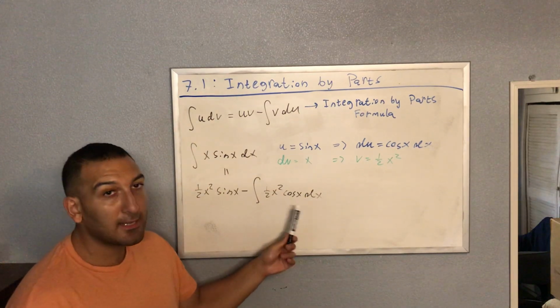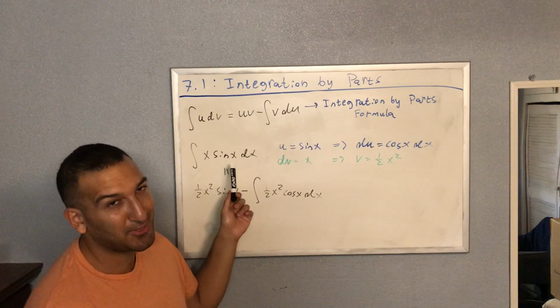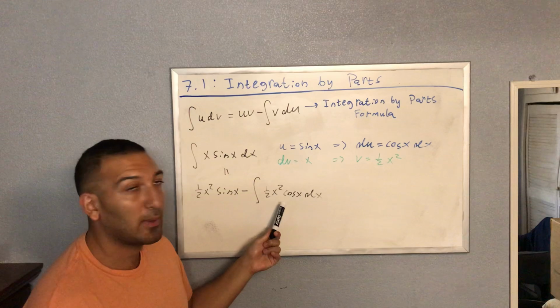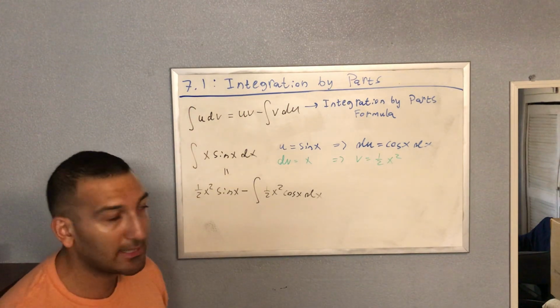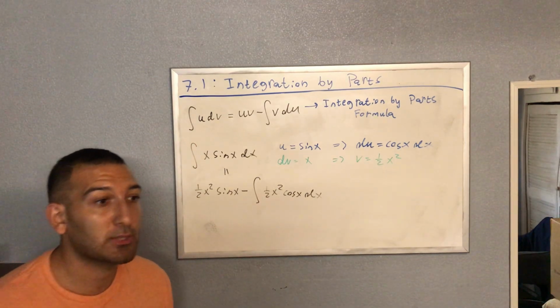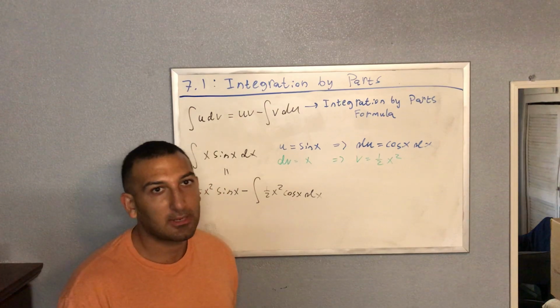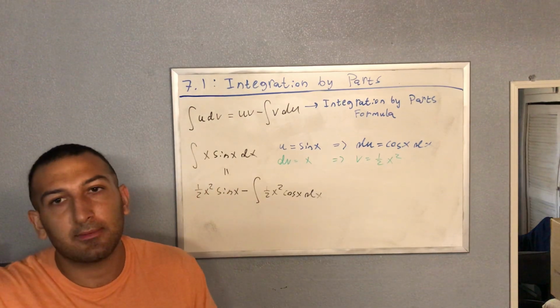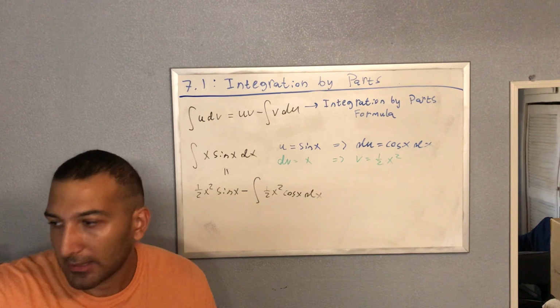Now this integral here is even harder than the integral we started with. This one we don't know how to do. U substitution won't work, and all the other techniques that we know will not work here. So this is why the first choice was better. It actually allowed us to do a calculation and not get stuck again. So there's a finesse to this that will be developed over time once you practice.